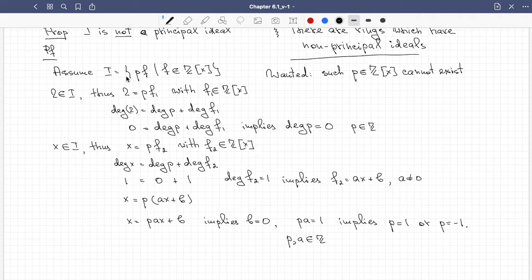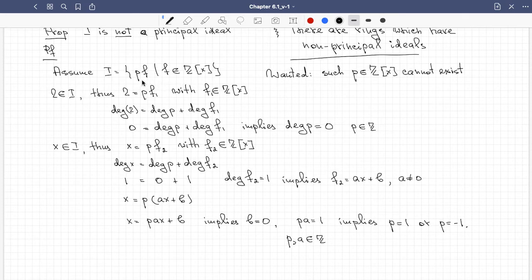In both cases, now look here at our principal ideal. If the ideal was principal, then p should be either 1 or negative 1. In both cases, this ideal is the whole ring. If p is 1, these are simply all polynomials.